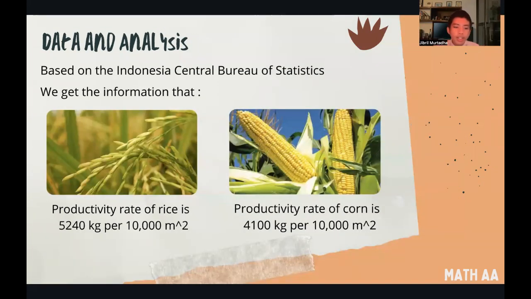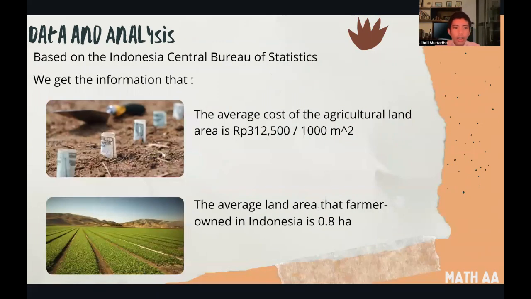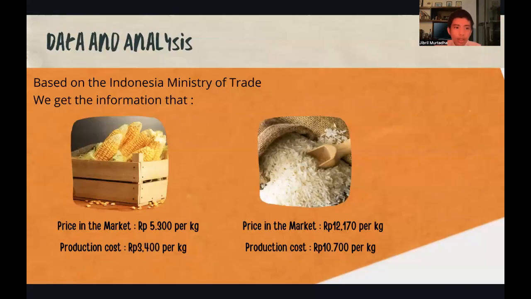The productivity rate of rice is 5,240 kg per 10,000 square meters, and the productivity rate of corn is 4,100 kg per 10,000 square meters. We also have information that the average cost of agricultural land is 312,500 per 1,000 square meters, and the average land that a farmer owns in Indonesia is 0.8 hectares.